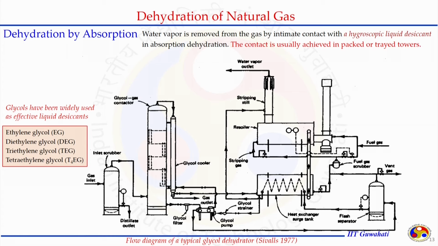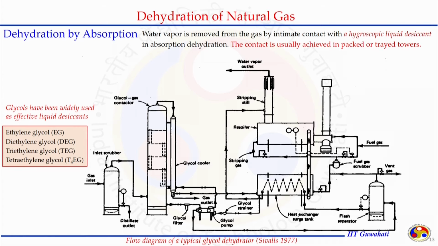Here in this type of process, where the gas and liquid are contacted in a tower, we should have some arrangement where the contact time can be increased. That can be done by creating a packing with inert material or arranging trays in the column that we can see here. So, this is the glycol gas contactor.